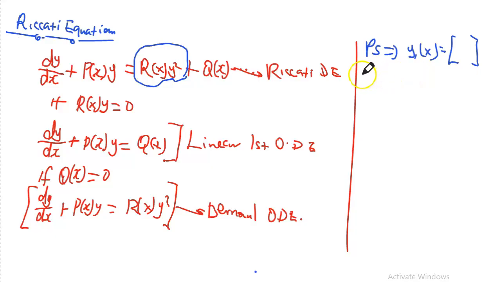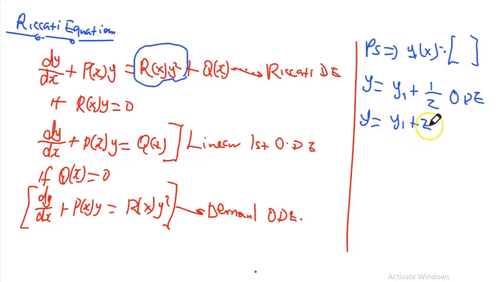To reduce to linear, you will have to use the following: y must be equal to the initial condition plus 1 over z. This helps you to reduce the given equation to a first order ODE. If you want to reduce to Bernoulli, y becomes the initial value plus the derivative of z.